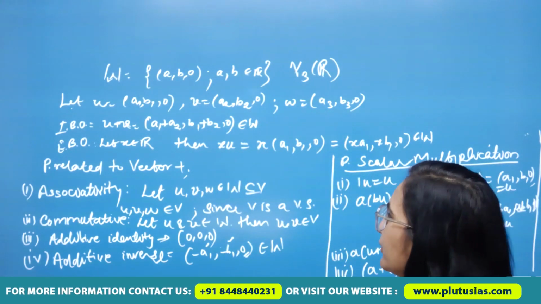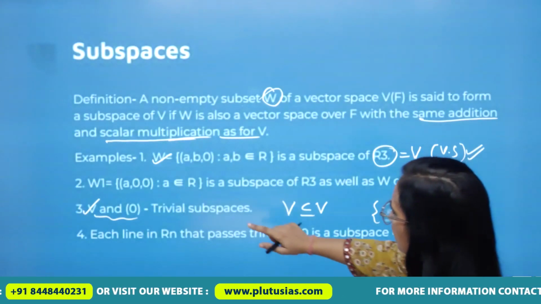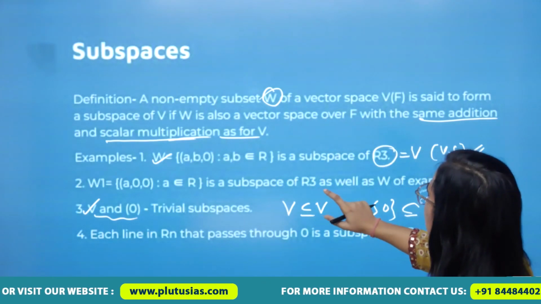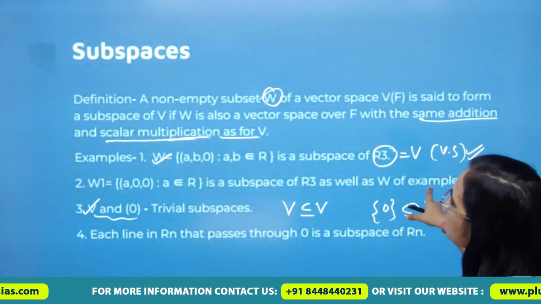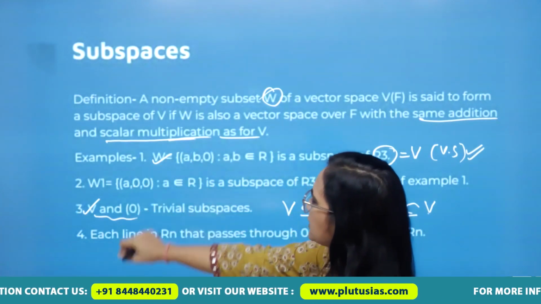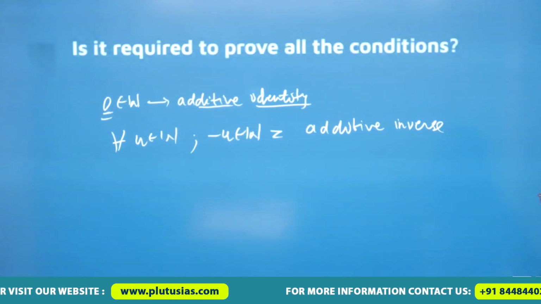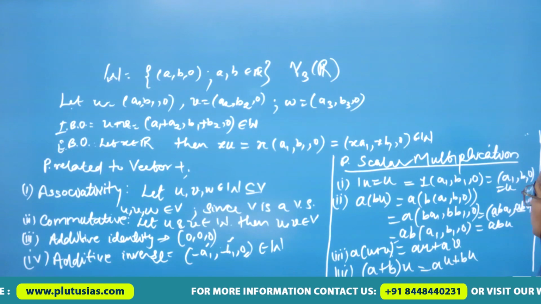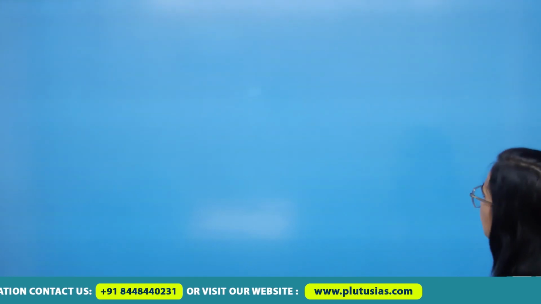But the second thing we will prove is that W1 is a subspace of R3 as well as a subspace of example 1. We have to prove that this is a subspace of this. To prove it, we know that if we prove it is closed under vector addition and scalar multiplication, that was the last result.